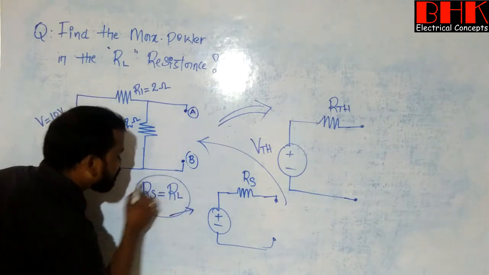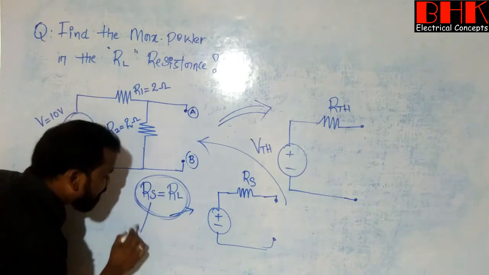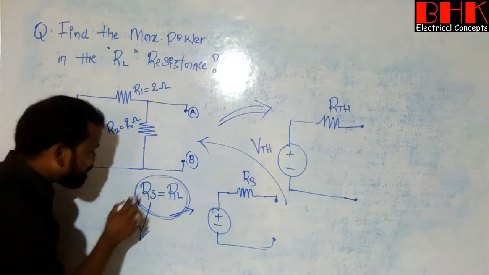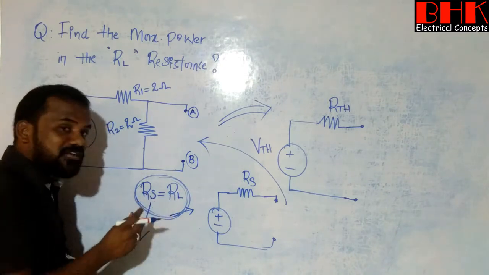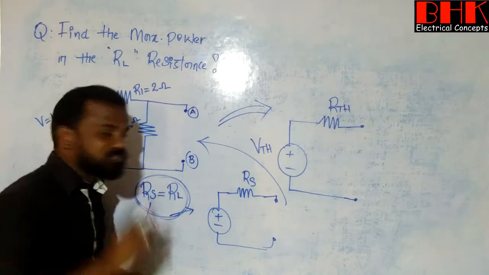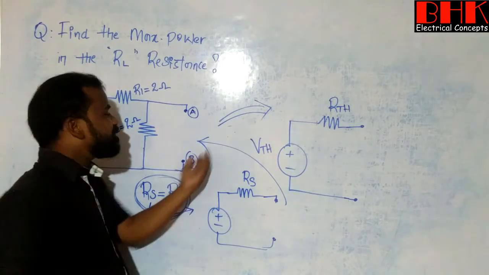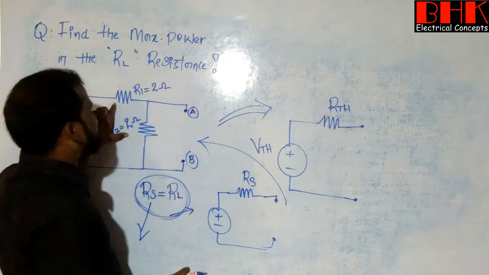Based on this condition, if you know the value of the source resistance, then you know the value of the load resistance, because both are the same. In the given problem, we don't know the value of the load resistance, but we have two resistances here.